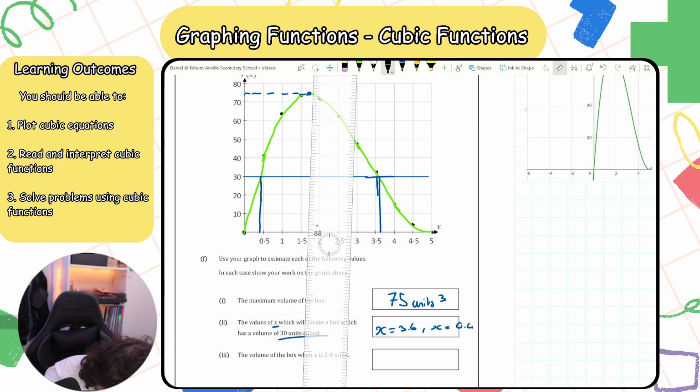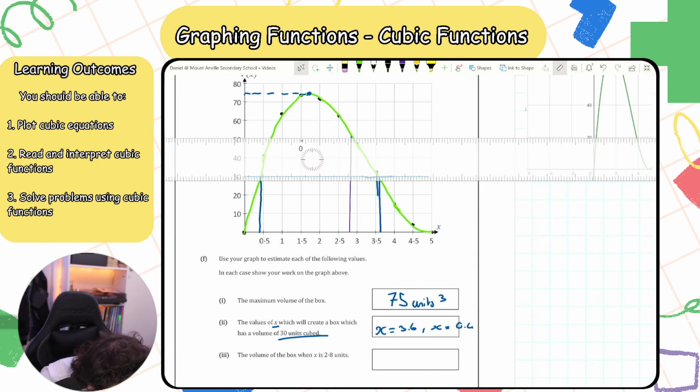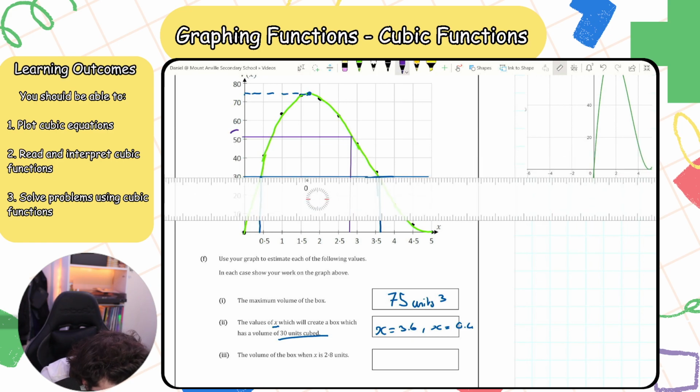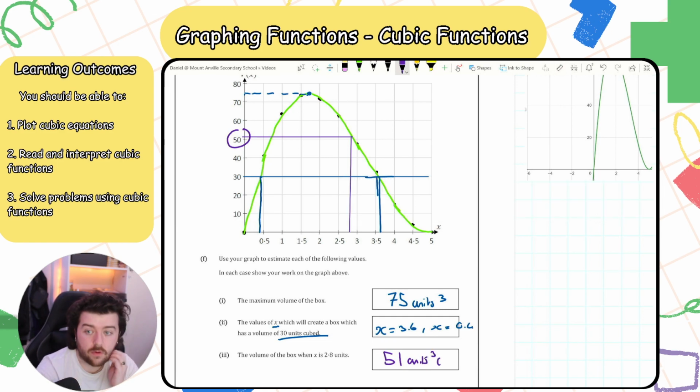So that'll be roughly like here. There, go across, and it's going to be roughly equal to 51 units cubed.